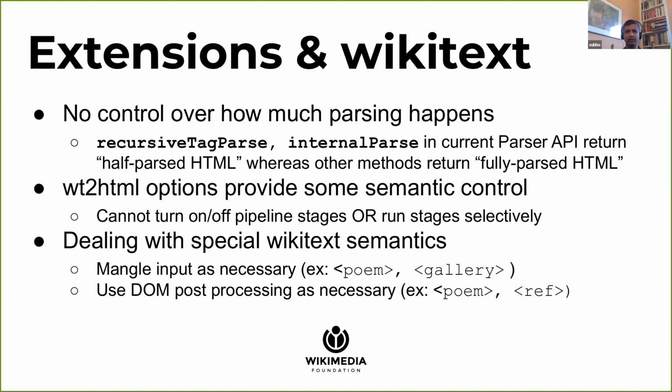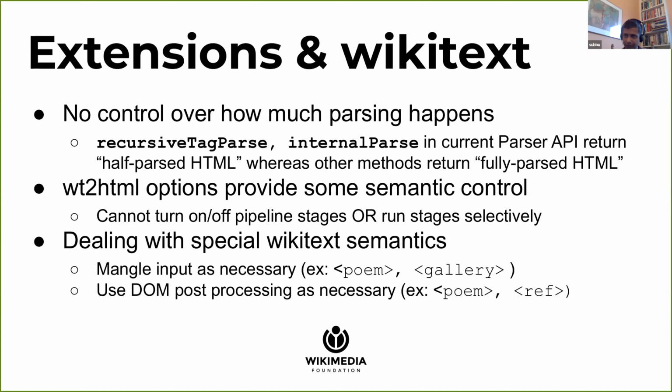So one thing to note here is that extensions do not get any control over how much parsing happens. In the current core parser, recursive tag parse and internal parse return what is called half parsed HTML, and there are other methods which return fully parsed HTML.